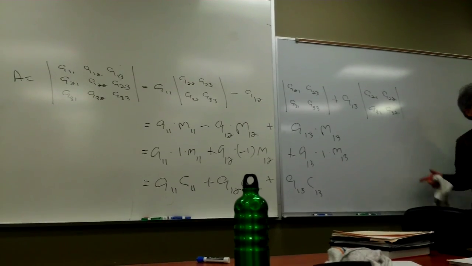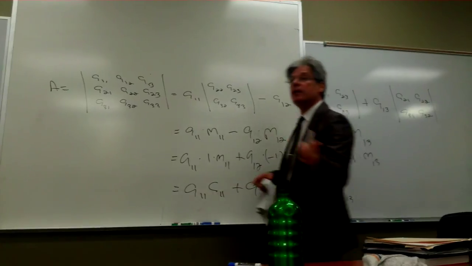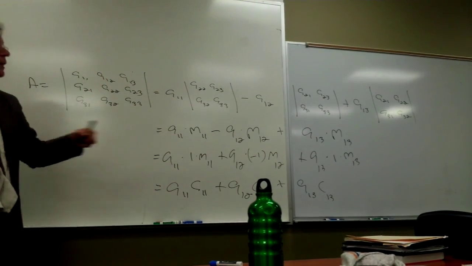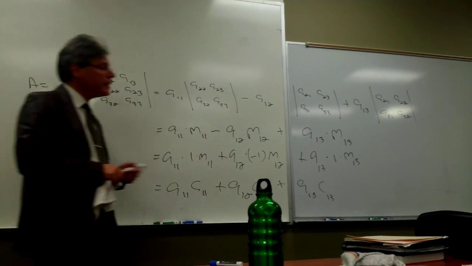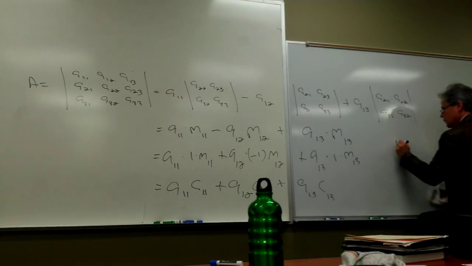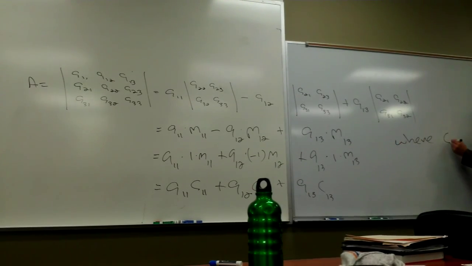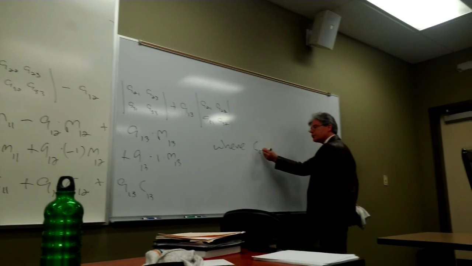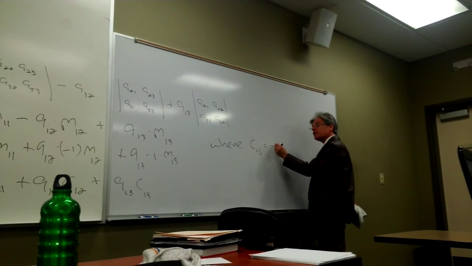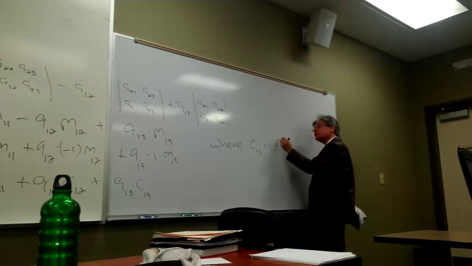It's nothing more than the minor corresponding to it, times the positive or negative sign of these individuals. And I maintain the cofactor expansion associated with the ith row, jth column is nothing more than negative 1 raised to the sum of those two positions.